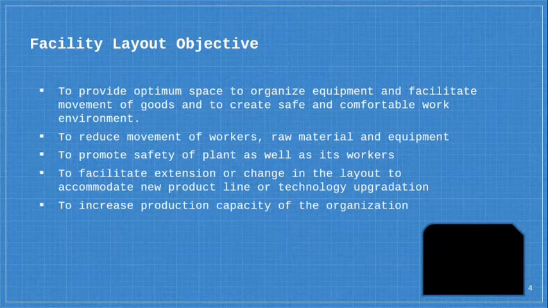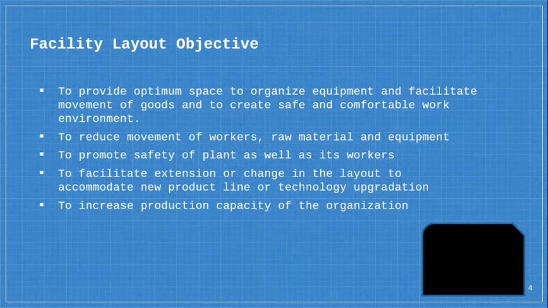Objectives. First, to provide optimum space to organize equipment and facilitate movement of goods and to create a safe and comfortable work environment. Second is to reduce movement of workers, raw materials, and equipment. Third, to promote safety of the plant as well as its workers.